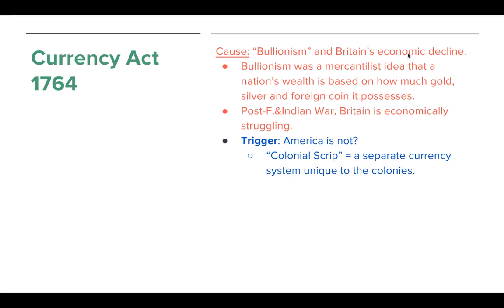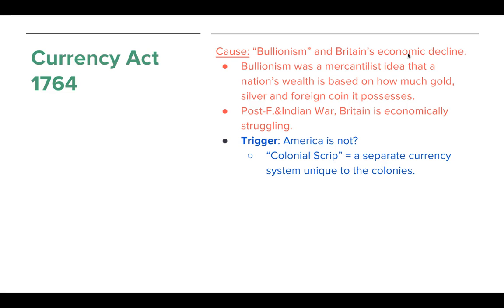Benjamin Franklin describes it as a separate currency system that was unique to the colonies, that was created based off supply and demand. So when America required money, it would create its own money called colonial scrip instead of petitioning the empire for more money, for more coin, or trading with the British Empire on a more regular basis.